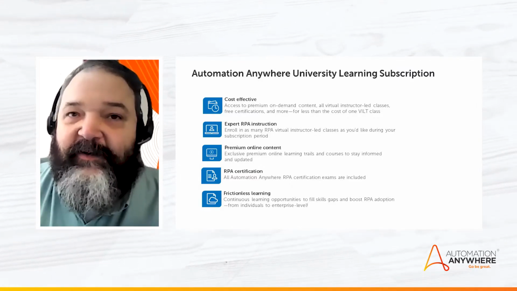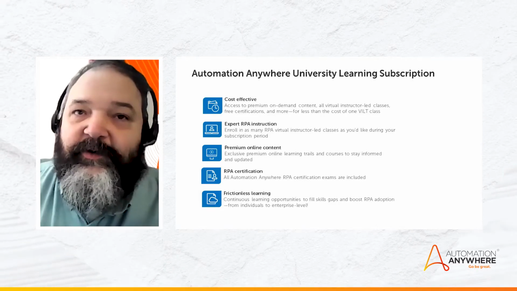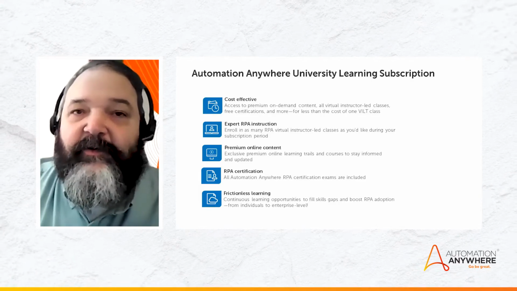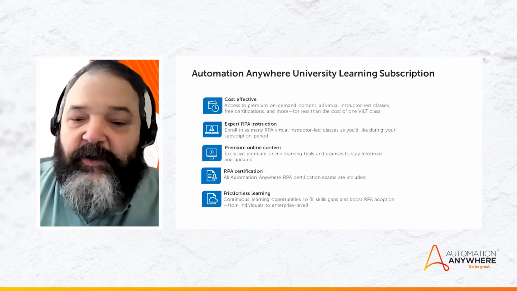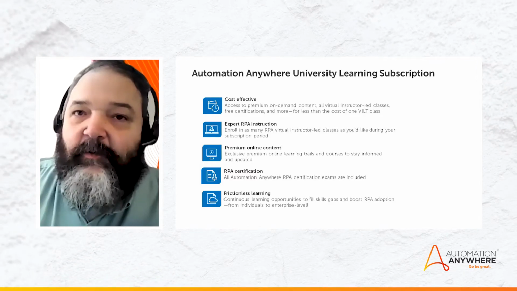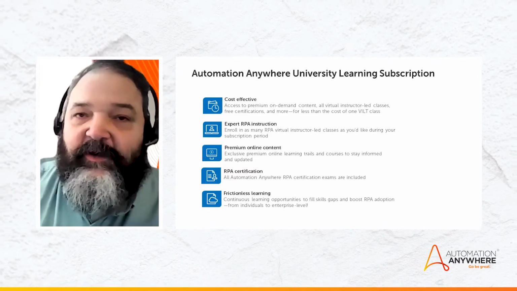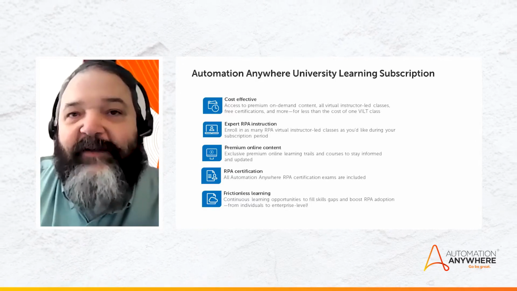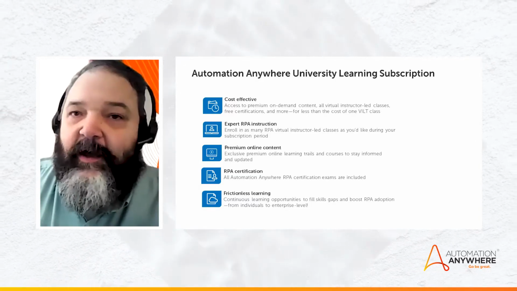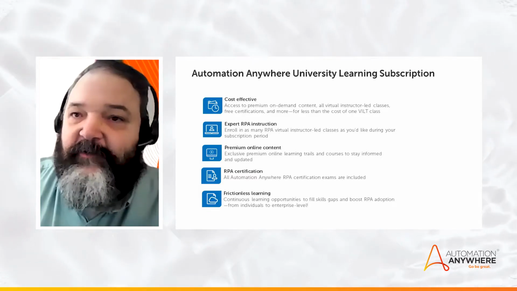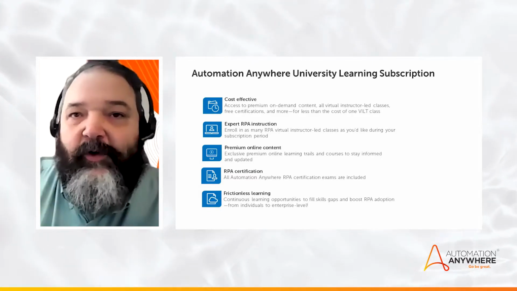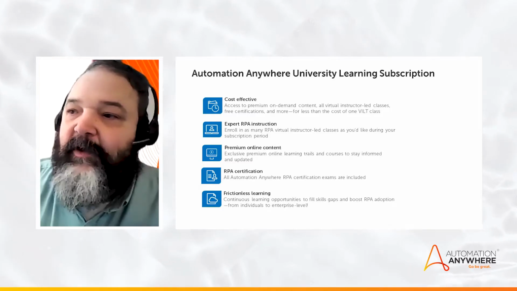Frictionless learning. By engaging continually with Automation Anywhere, you build yourself and your profile as an RPA professional much higher. So you can continue to learn from Automation Anywhere, not only the baseline things you'd need to pass the certification, but more advanced topics to engage with different infrastructure, different tools. How does RPA work with Microsoft? How does RPA work with SAP?